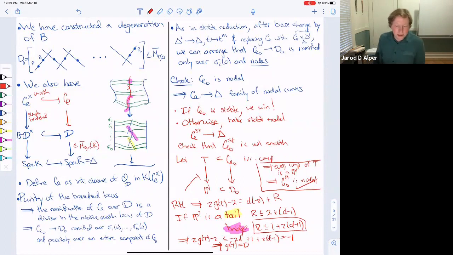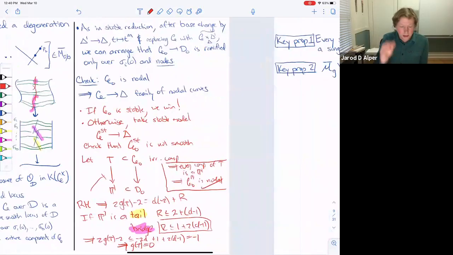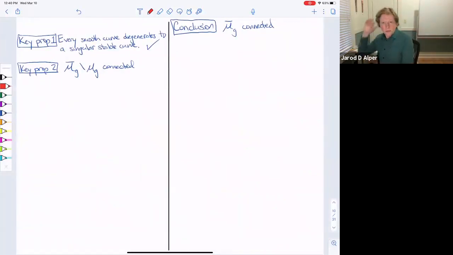Anyway, so this completes this degeneration argument. Let me complete the picture of showing how the compactification and this result imply what we want. We've already shown this first proposition: every smooth curve degenerates to a singular stable curve. And now the next part is showing that the boundary is connected.